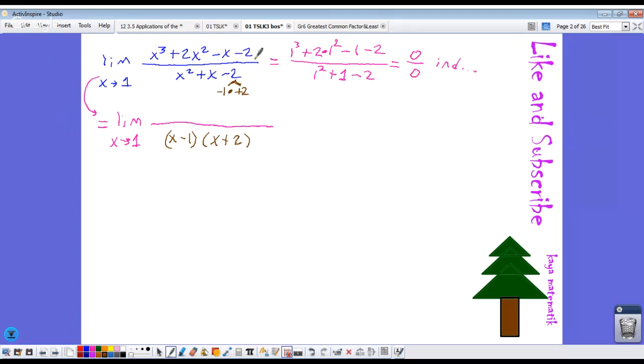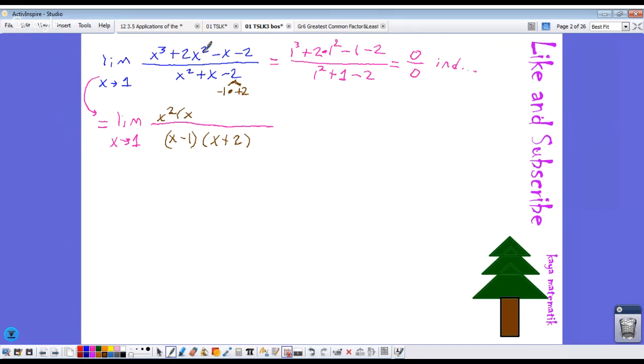Now up there we have four terms. When we have four terms like term 1, term 2, term 3, term 4, we mostly try grouping. So let's group first the x cubed and the 2x squared. x squared is a common factor for that. When you move x squared out, there remains x from x cubed.